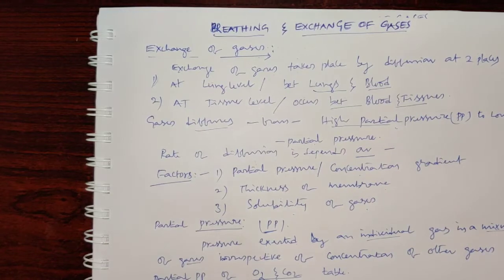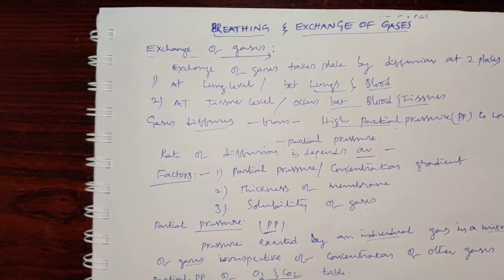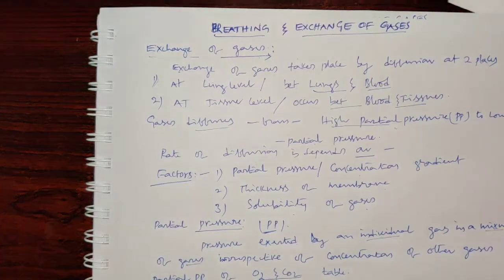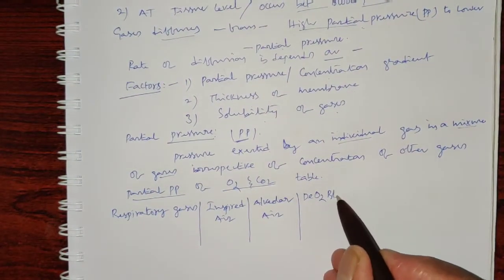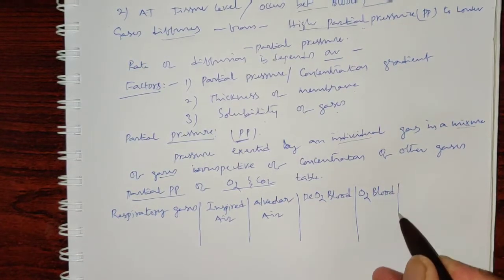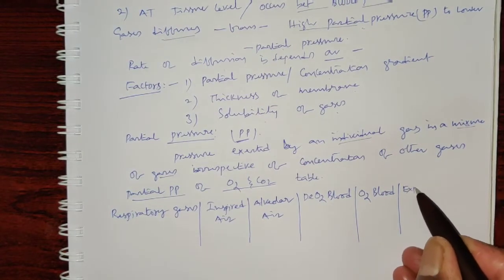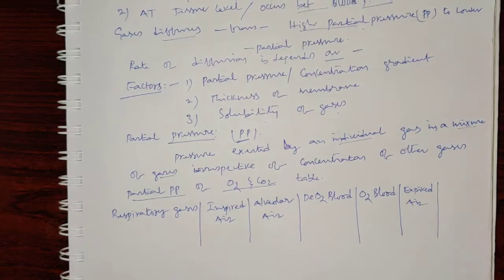Respiratory gases: inspired air, alveolar air, deoxygenated blood, oxygenated blood, expired air, tissues.